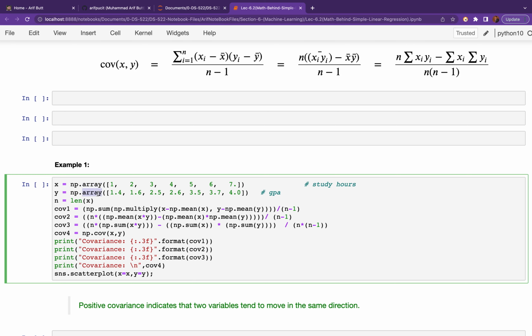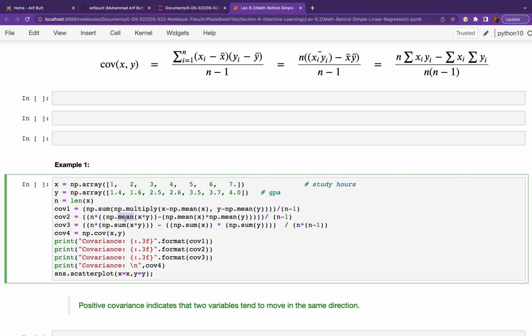And the y variable contains the GPA achieved by the student. So there are 7 pairs of observations. For example, if a student has studied, let's say, 3 hours every day, he or she had secured a GPA of 2.5. Well, I have taken just hypothetical observations for the purpose of this example. They have nothing to do with reality.